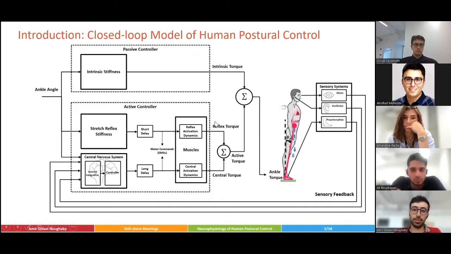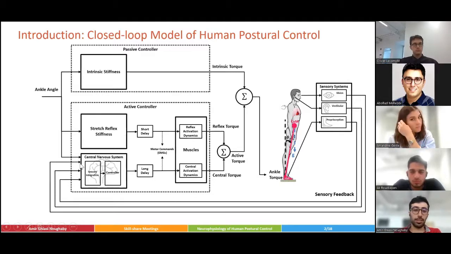The reflex torque is generated by the short-delay reflex stiffness, which generates the EMGs, and after that it is applied to the muscle dynamics to produce the reflex torque. The other part of the active torque is the central torque, which involves sensory feedback.